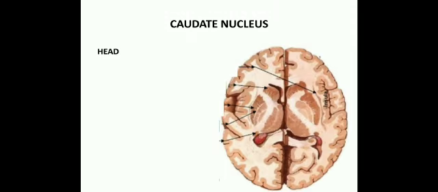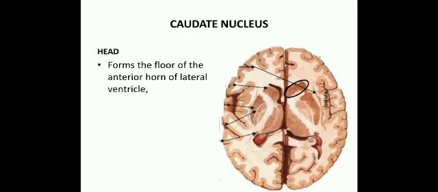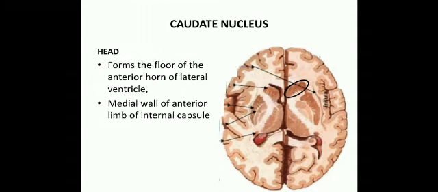The head forms the floor of the anterior horn of the lateral ventricle. In this diagram you can observe the head represented by an oval shape here, and the internal capsule. The head forms the medial wall of the anterior limb of the internal capsule.